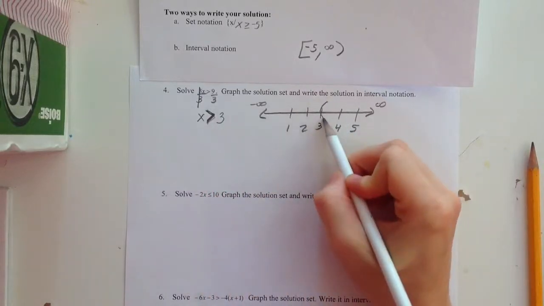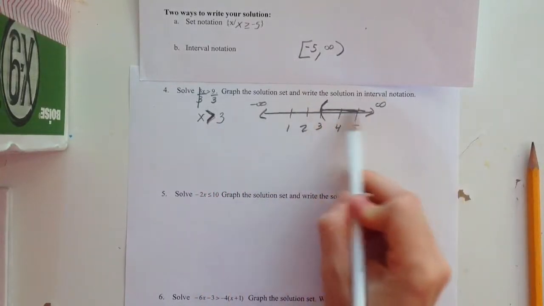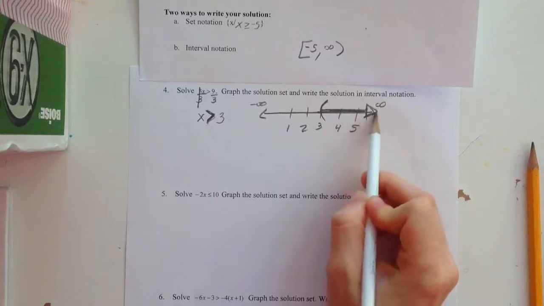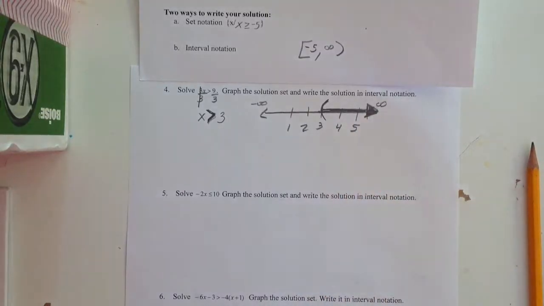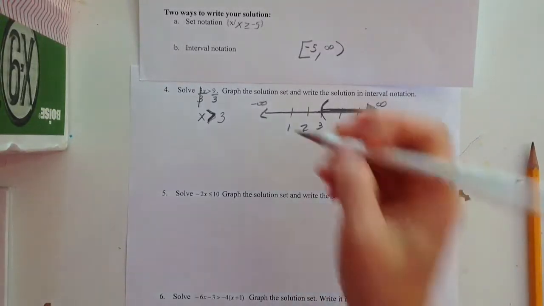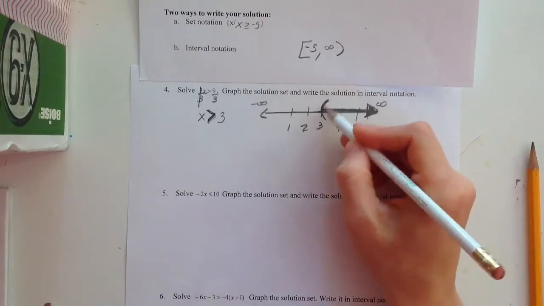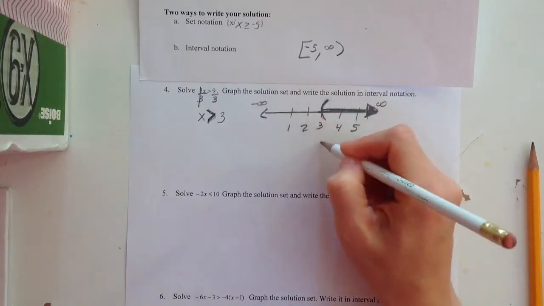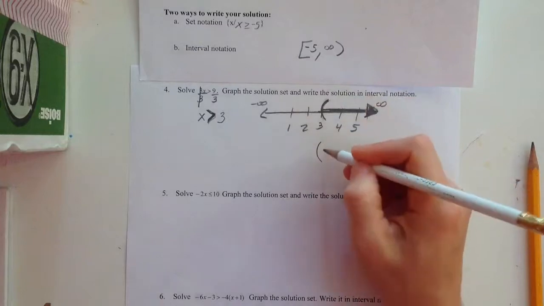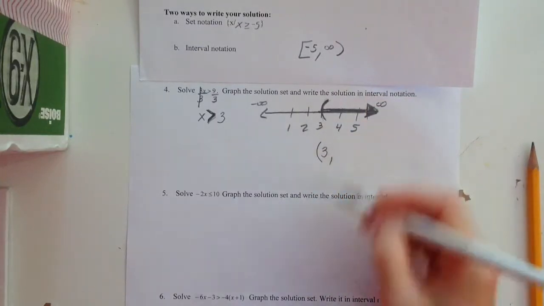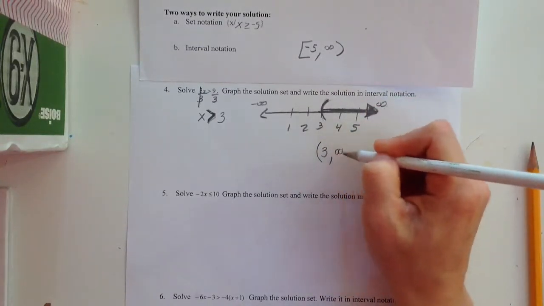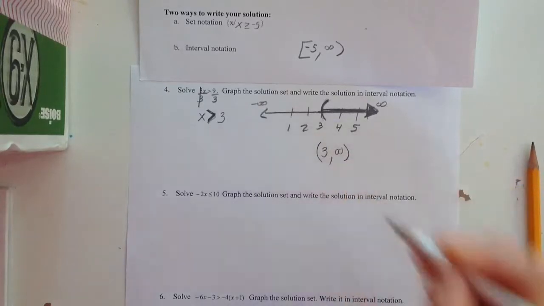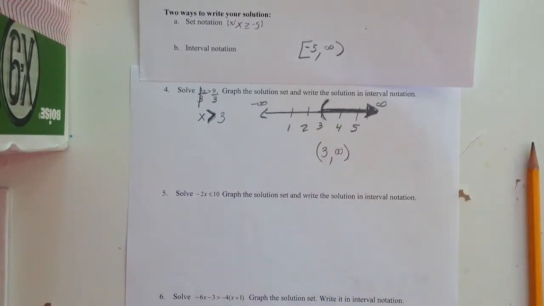So parentheses at 3, and I'm shading to positive infinity. So in interval notation, the first thing in my graph is going to be the first thing in my interval notation. So I have a parentheses at 3, and I'm going to go all the way to positive infinity. And remember, your positive infinity always has a parentheses.